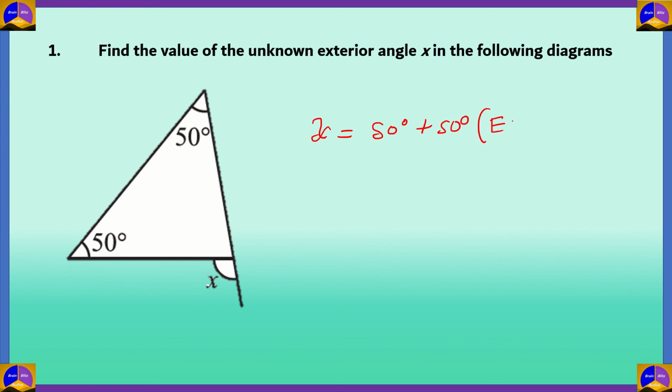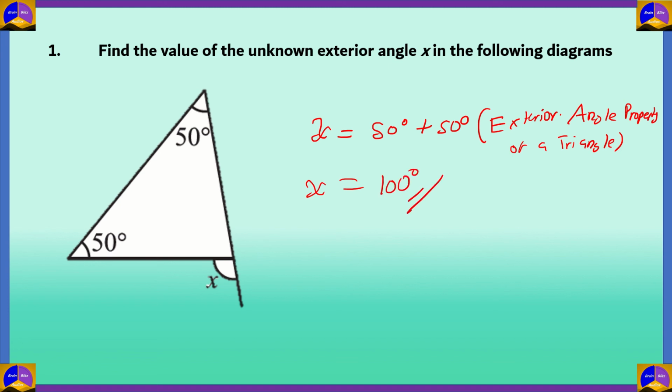Reason: exterior angle property of a triangle. So 50 plus 50 is equal to 100. So x is equal to 100 degrees in the following diagram.